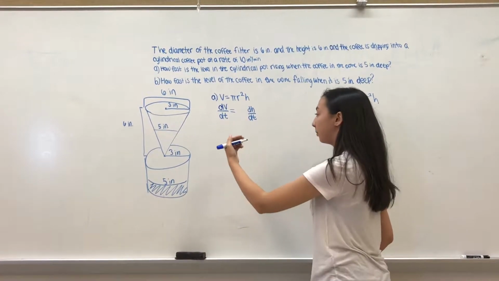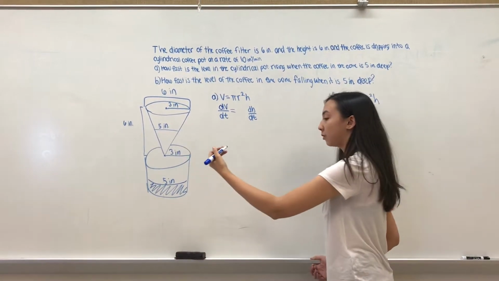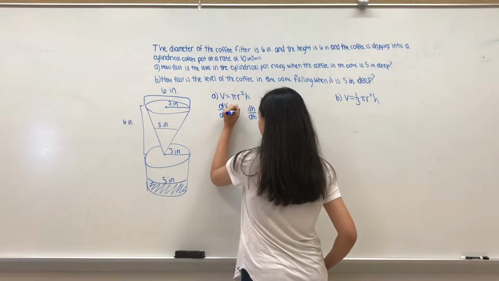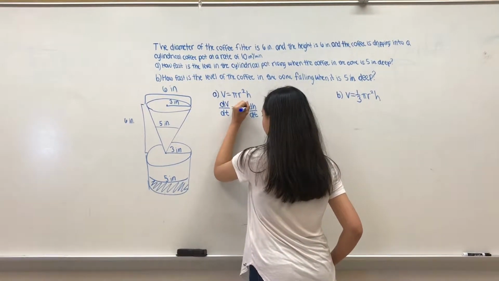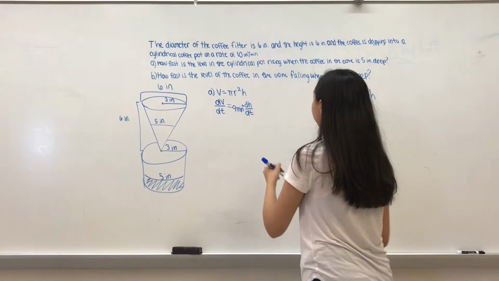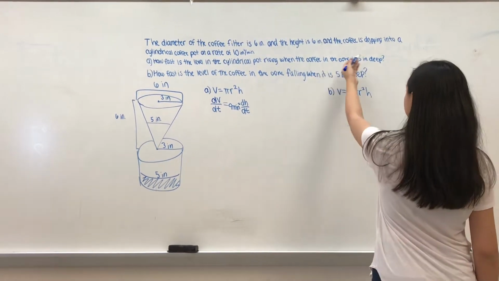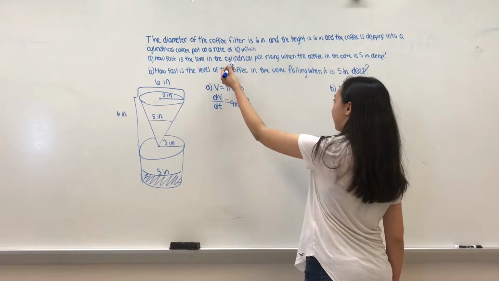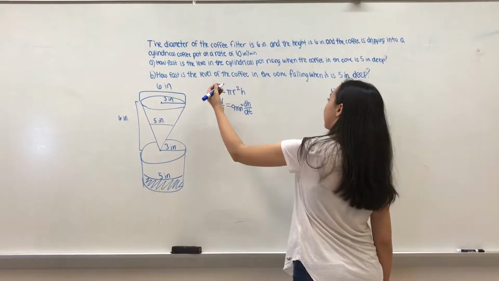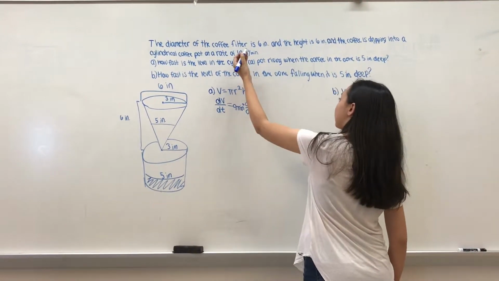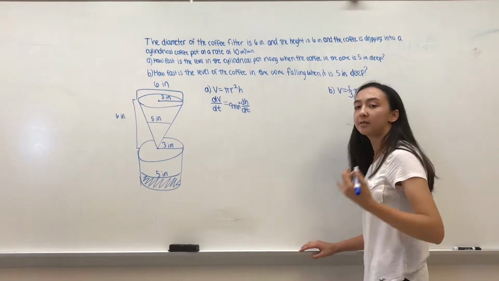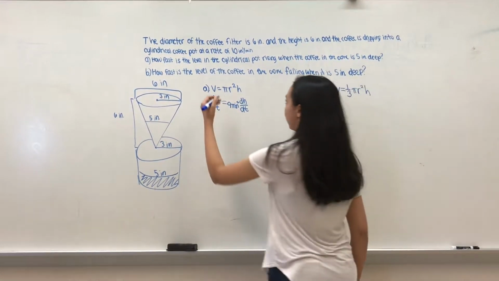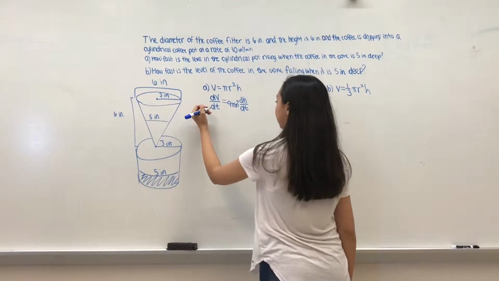Now we know that the radius is 3 inches, so 3 squared is going to be 9 pi inches squared. And it tells us up here that the coffee is dripping into a cylindrical coffee pot at a rate of 10 inches cubed per minute. Because the unit is inches cubed per minute, this tells us immediately that it's the volume, so we can plug this in for dV dt.